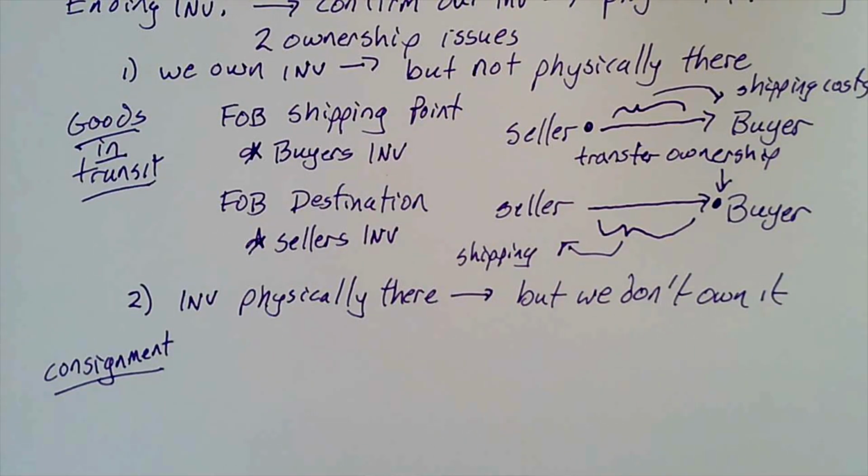But they don't actually own the inventory. They're just charging people for a chance to display their wares. My mom still owned that rocking chair that was on consignment, but it was not in our house. It was at the consignment shop. And from the consignment shop's point of view, the rocking chair wasn't their inventory, even though it physically was there.